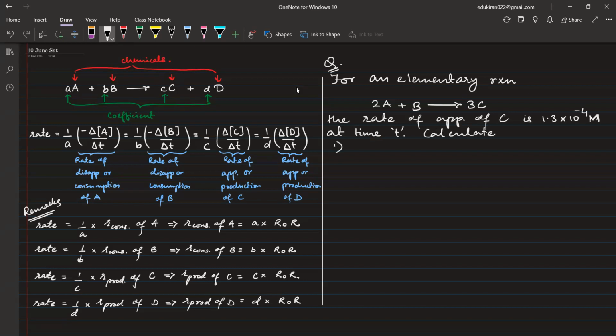Calculate number 1, rate of reaction, and number 2, the rate of disappearance of A.